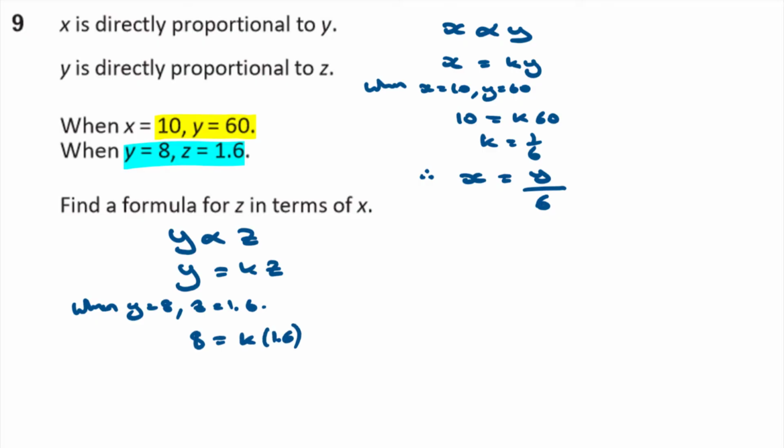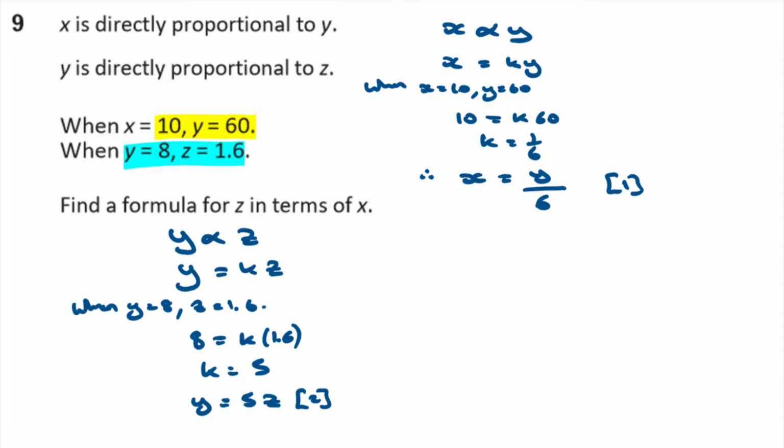So k is going to be 8 divided by 1.6, which apparently is 5. So k is 5. So then y equals 5 lots of z. So I've got two equations. I've got equation 1 where x equals y over 6, and equation 2 where y equals 5z.